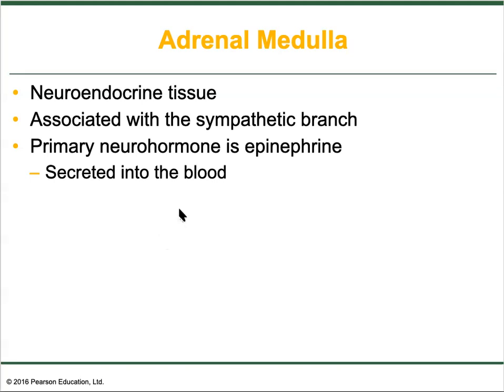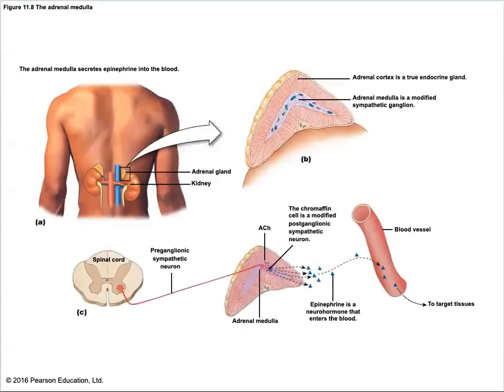So the primary neurohormone secreted is epinephrine. Okay, so recall that the preganglionic sympathetic neuron has its cell body located within the lateral horn of your spinal cord.